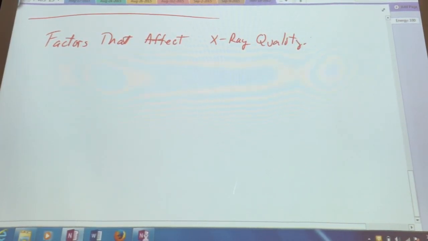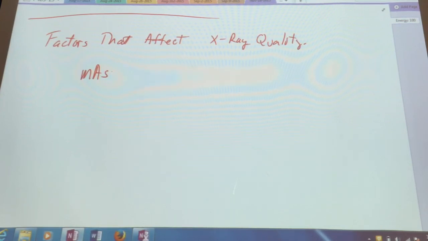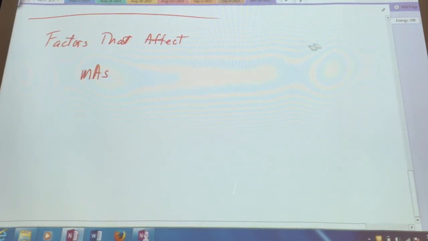So just to summarize this chapter, it's all about factors that affect X-ray quality. How does changing the MAS affect the X-ray quality?